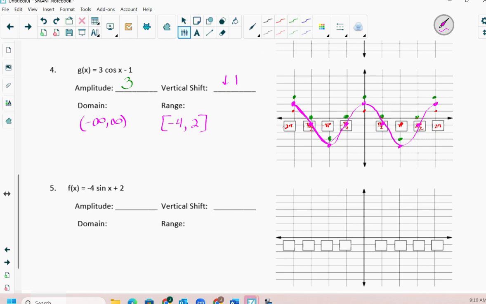For cosine? Did you do it as sine? Okay, let me look at yours and see if it's right. You just prefer the sine graph, cosine graph.